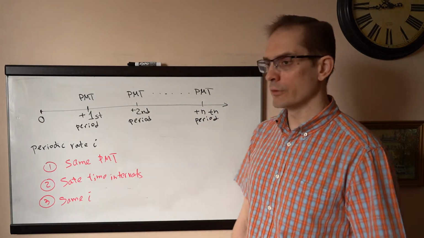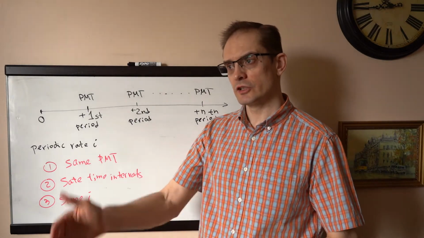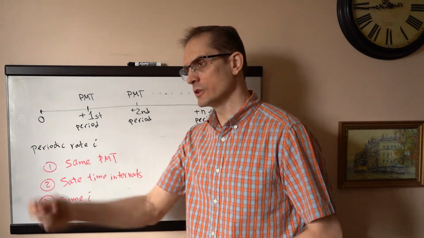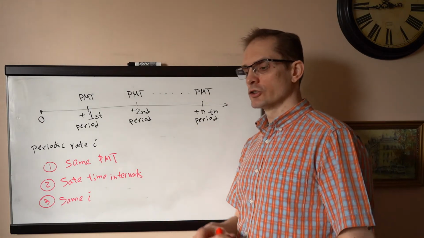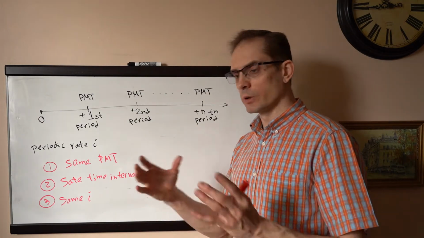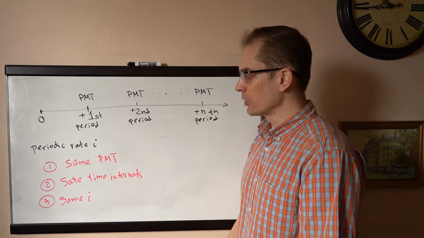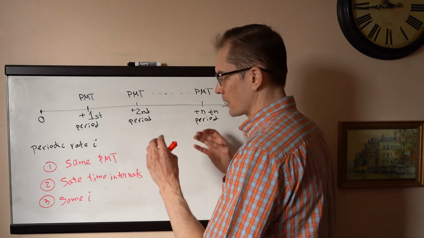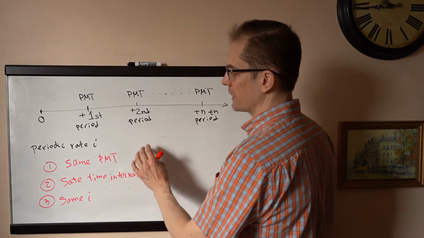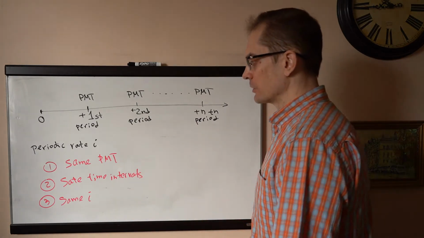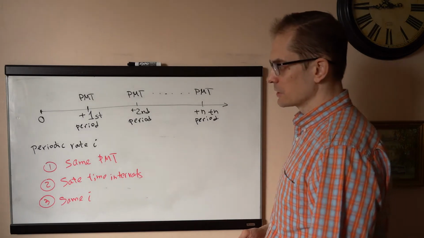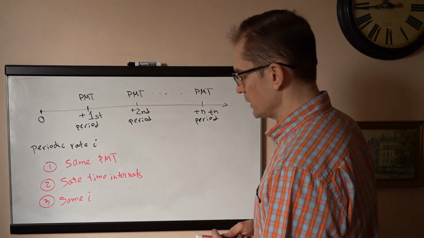Also, it could be that the rate is not the same in each interval but growing with some condition. So these could also be annuities. But in your course, you should not worry about those more complicated examples. We always will speak about an annuity if we have these three conditions.